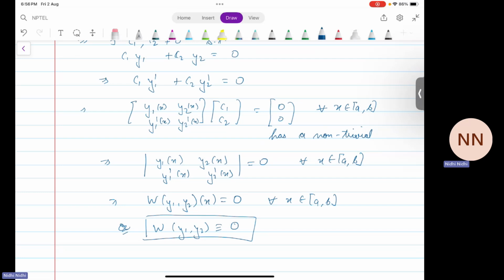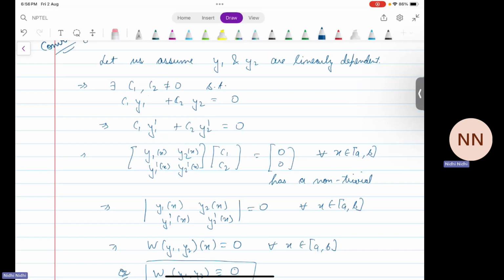We didn't have to use any technicalities to prove it. All we needed to know is the fact that a system of homogeneous equations Ax equal to 0 has a non-trivial solution if and only if the determinant of A is 0.